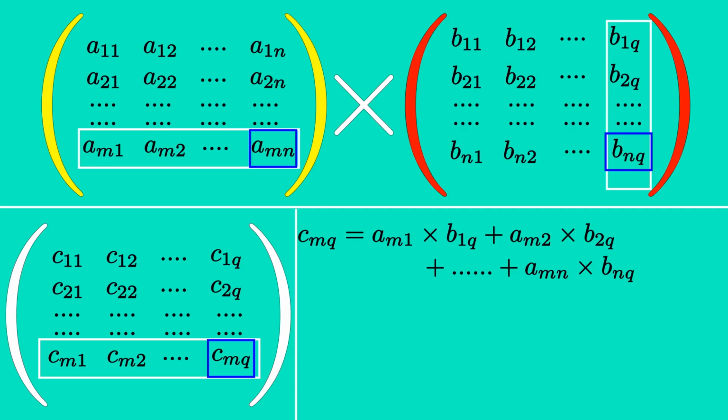So in this way you can multiply any two matrices if they satisfy the condition of multiplication.